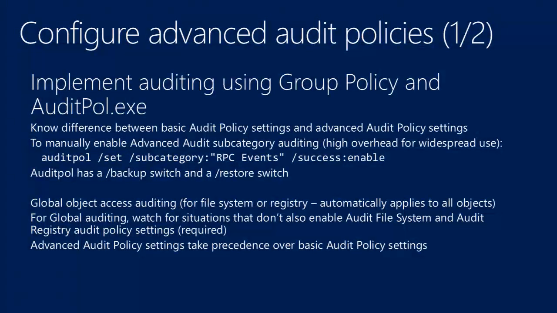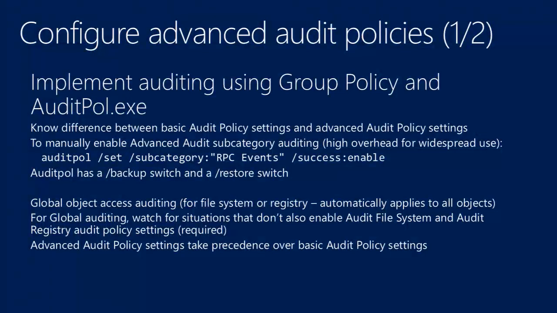And if you haven't looked at the advanced stuff, it's much more granular in 2012. You can pop open the Group Policy Management Console and have a look at the default stuff there, and that right there is going to be huge. I call out the command line version, the auditpol command. That's still valid. It wouldn't shock me if somebody came across that. And then you have the backup and restore switch on that as well.